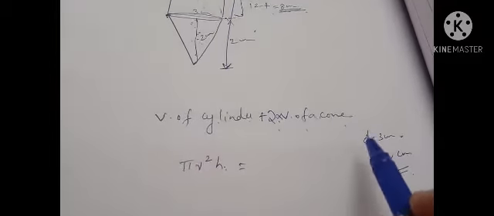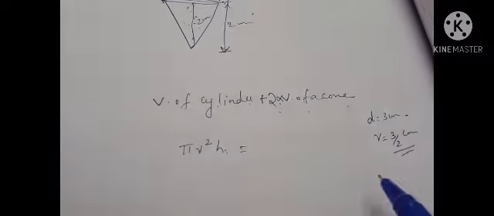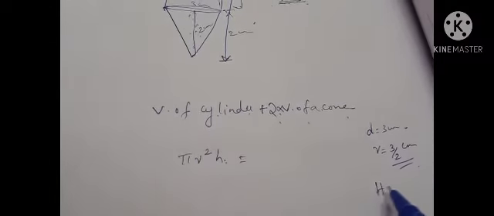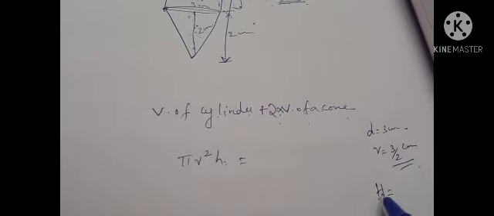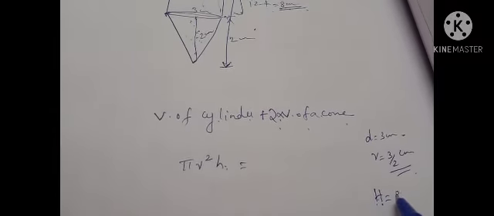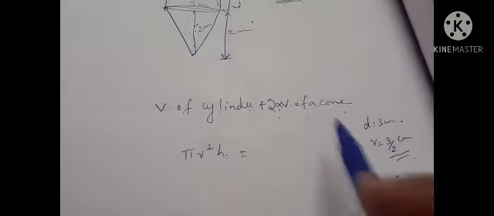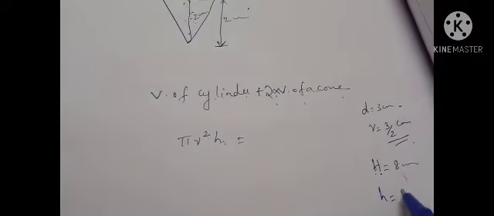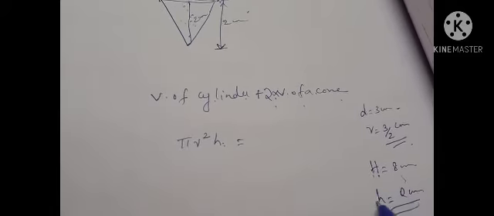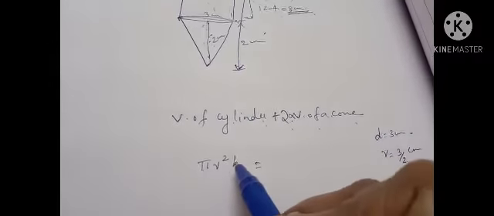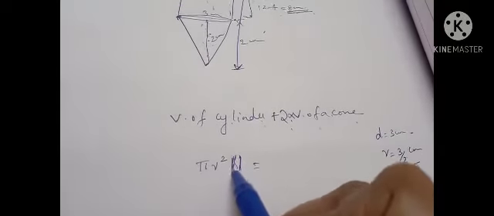Then for the cylinder the height is 8 centimeter. So we can take it as capital H. Height of the cylinder we can use capital H, that is equal to 8 centimeter, that we already found. Then the height of the cone, it is given that 2 centimeter, so we can use small h. Then volume of cylinder is pi r square capital H. Anyway you can mention.